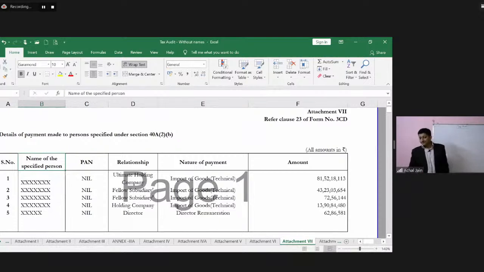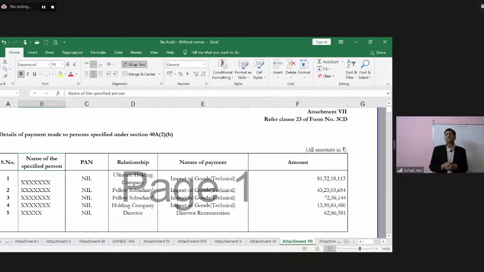For this, the auditor will have to identify any other specified person which does not happen to be a related party as per accounting standards. And once again, this procedure will be to ensure completeness, and we can say this will be the second step to ensure completeness of all of the transactions in terms of reporting under this clause.